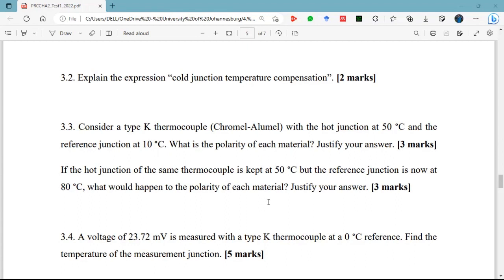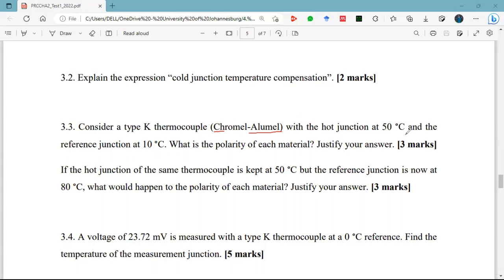Chromel is a mixture of nickel and chromium, and alumel contains nickel and aluminium. Chromium and nickel form this alloy here.